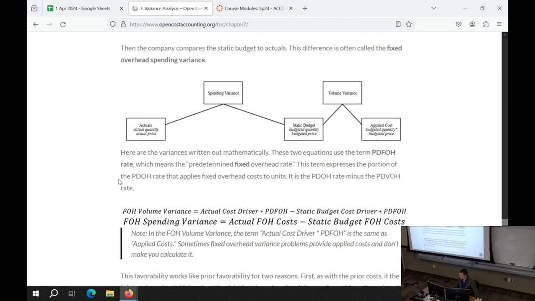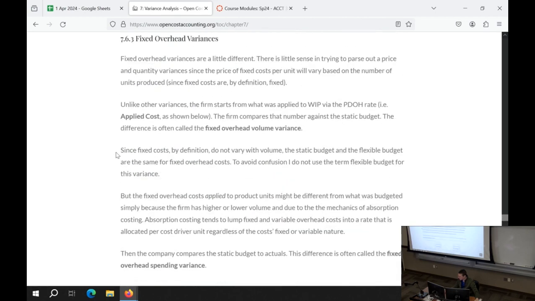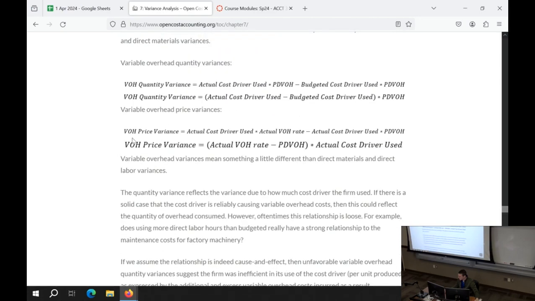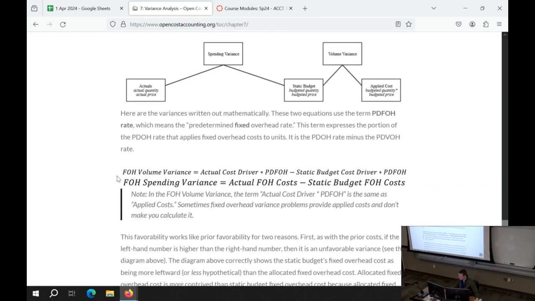It's much less about the equations, because we don't focus on an algebraically rearranged version of these. These two are next to each other. I get it. It looks like these two being next to each other and these two being next to each other, like, oh, they must be the same equation. No, these are the two equations for the two fixed overhead variances.